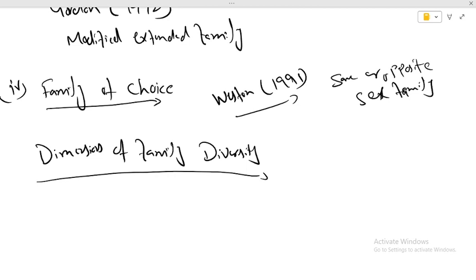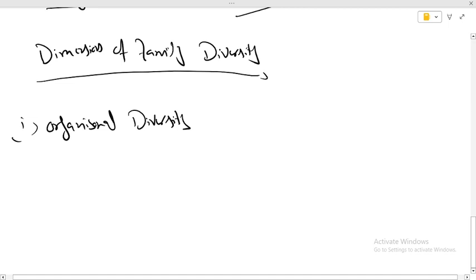The first one is organizational diversity. So first we need to understand what family diversity is.